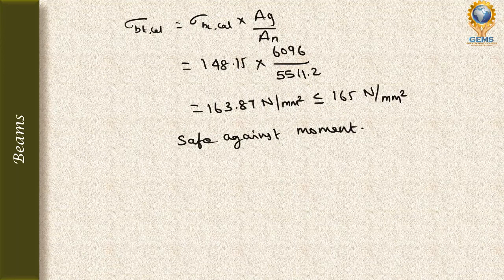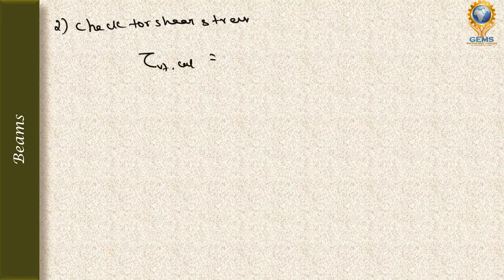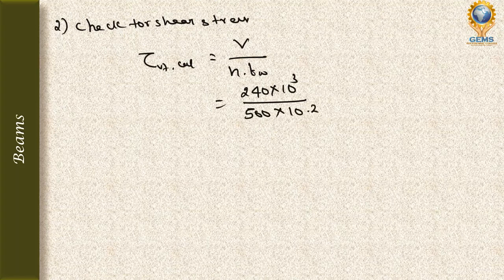Next we will go for the check for shear stress. The second one is check for shear stress. So tau we have calculated is equal to V by H into TW. So V value is 240 into 10 to the power 3 divided by H is 500 and the thickness of the web is 10.2.